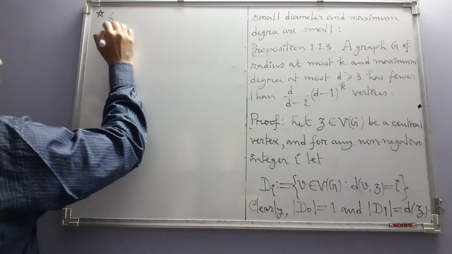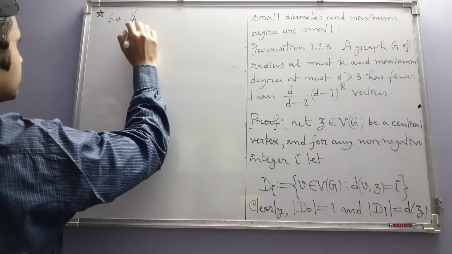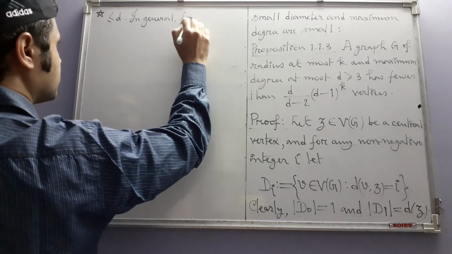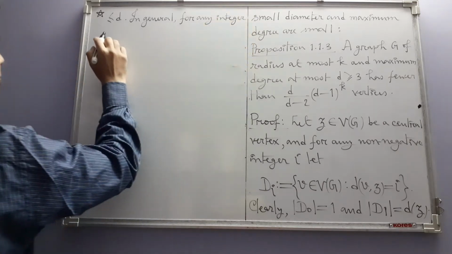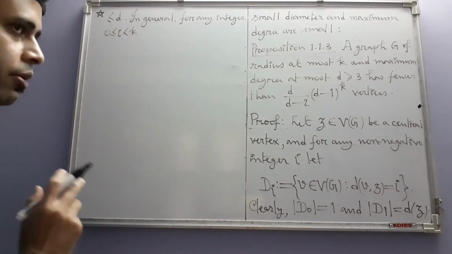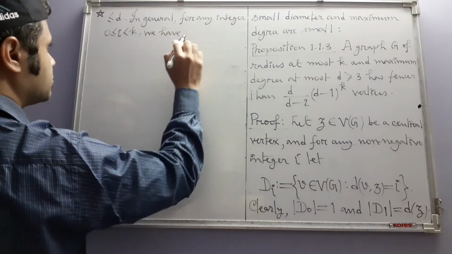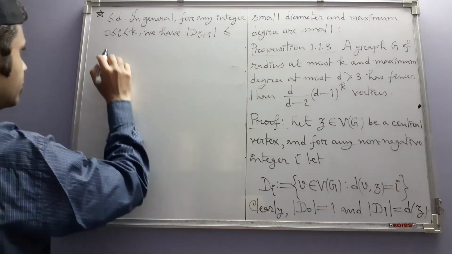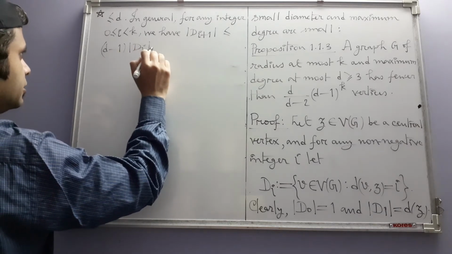This is less than or equal to D. In general, for any non-negative integer i less than k, we have the number of elements in D_{i+1} is less than or equal to (d minus 1) times the number of elements in D_i.